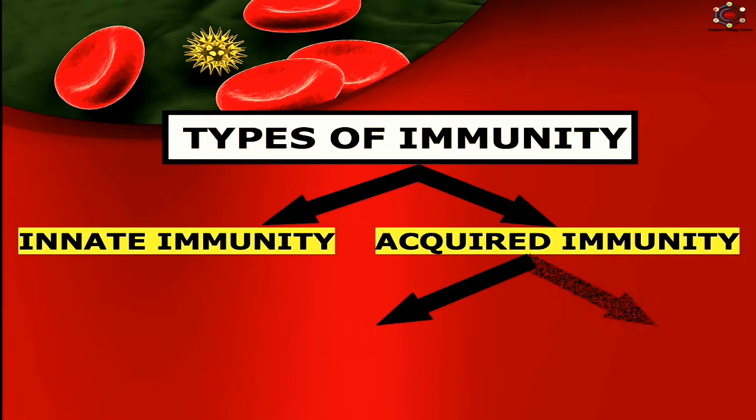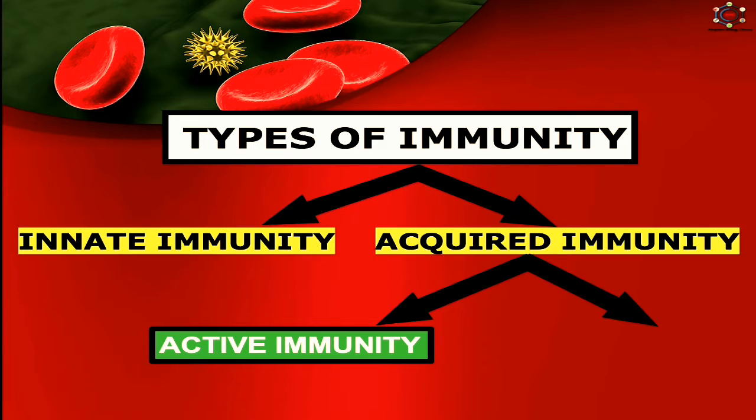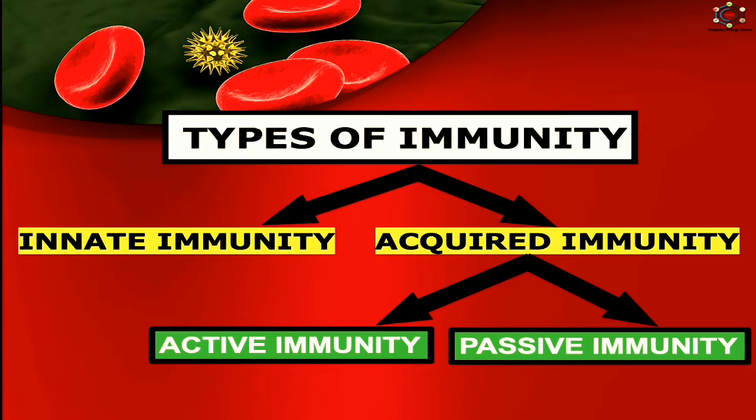Now, acquired immunity is of 2 types, in which the first one is natural or active immunity and the second is artificial or passive immunity. So, immunity is said to be active when an organism's own cells produce antibodies. It develops when a person suffers from a disease or gets vaccination for a disease.